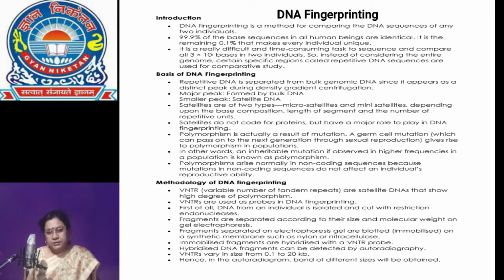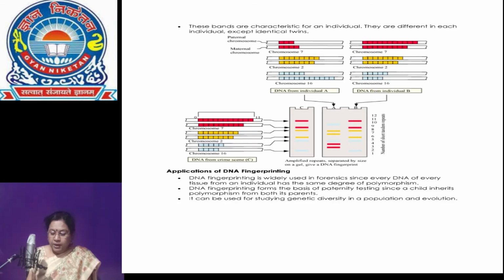This process is called Southern blotting. Next step is VNTR probing. These probes are added, which bind to specific nucleotide sequences and are complementary to them. This process is called hybridization.